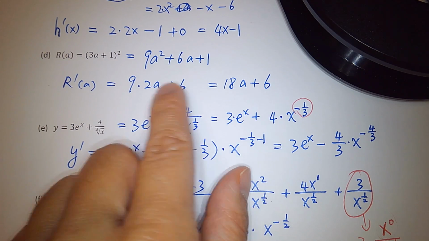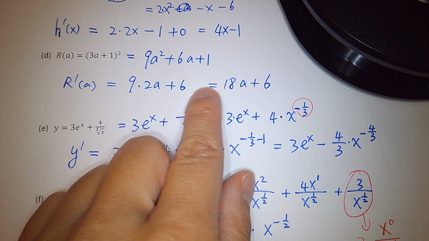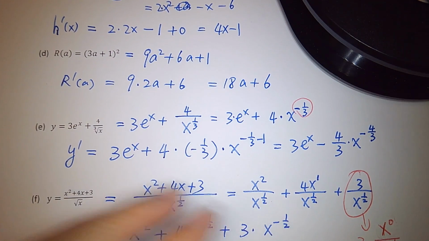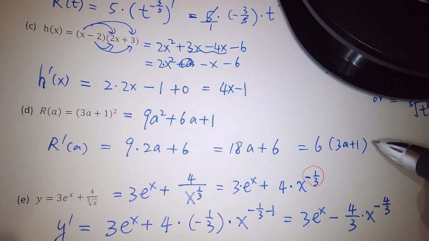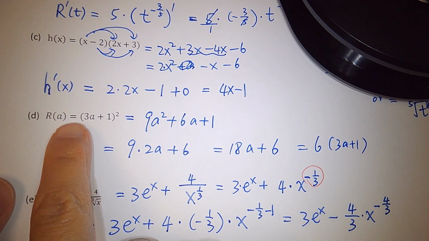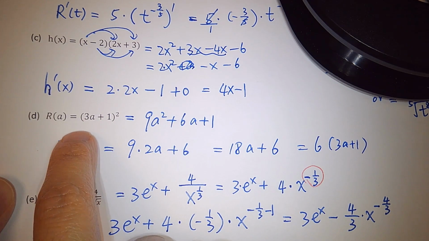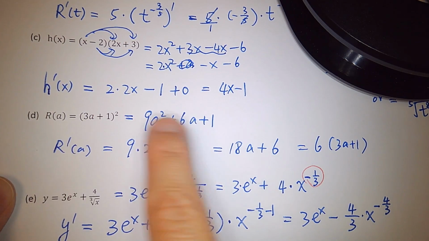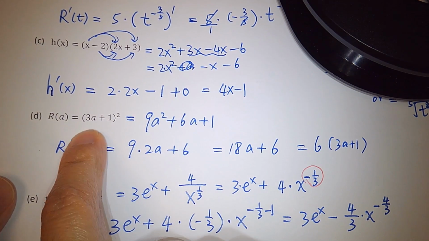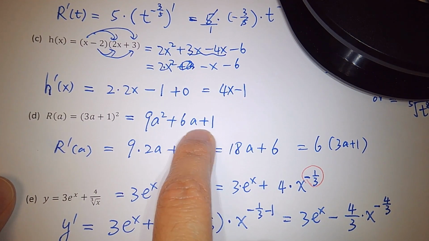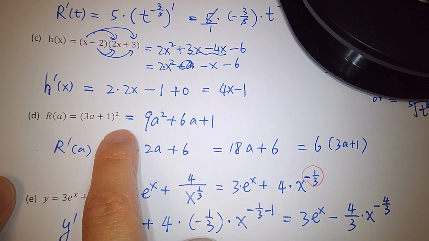Okay? Let's see. 6 times 3a plus 1. You're asking because this is 3a plus 1 squared. Yeah, I did. Okay? So, yes. So far in this section 3.1, we can only do it like this because we haven't learned any other rules like product rule, chain rule, okay?